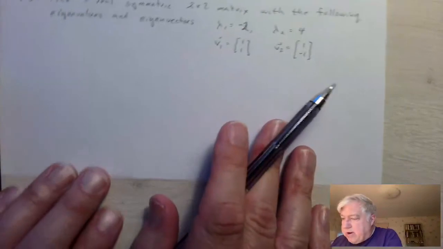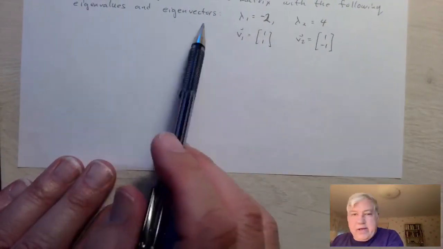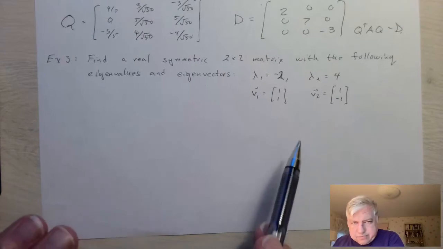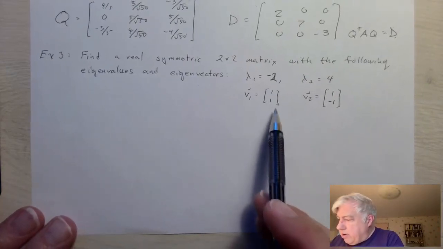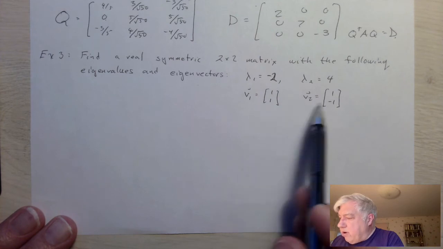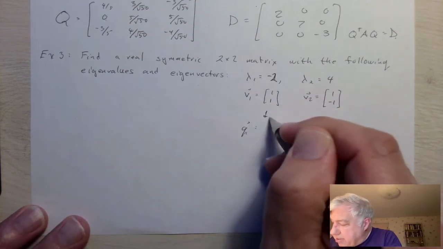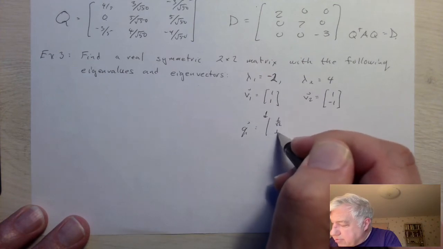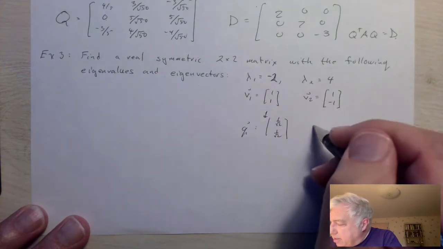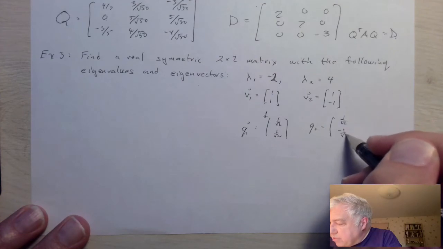Let's suppose we wanted to find a real symmetric 2x2 matrix with the following eigenvalues and eigenvectors. Well, here again, the eigenvectors are 1, 1 and 1, negative 1. And we can replace these with 1 over square root 2, 1 over square root 2, and 1 over square root 2, negative 1 over square root 2.